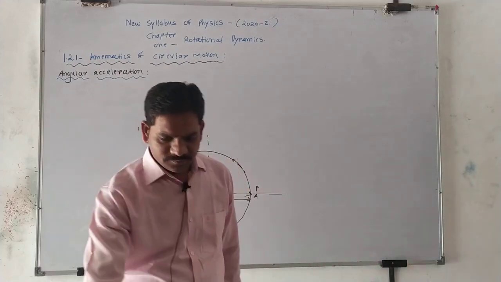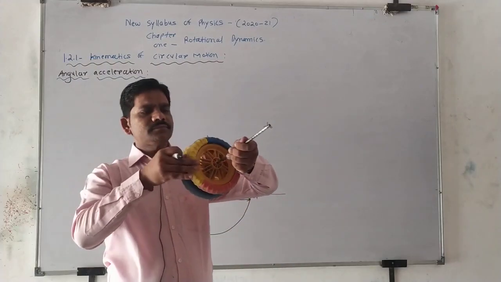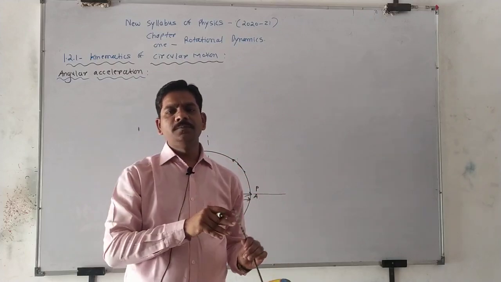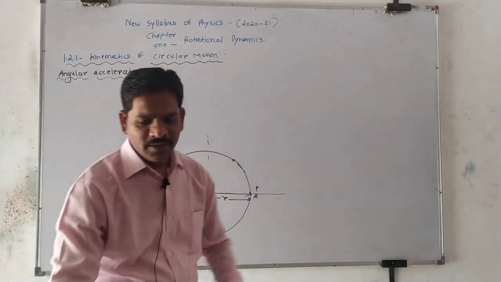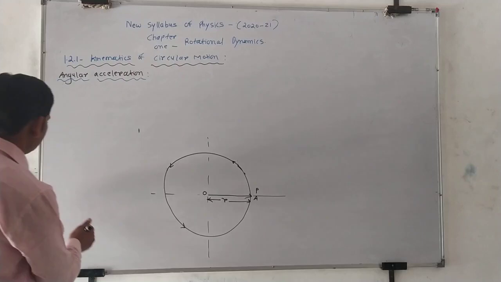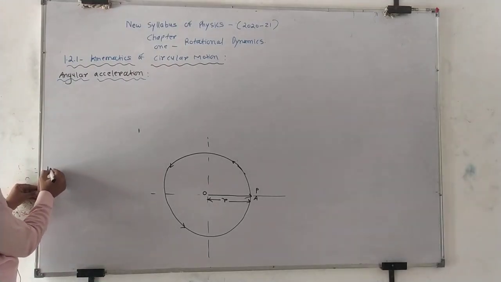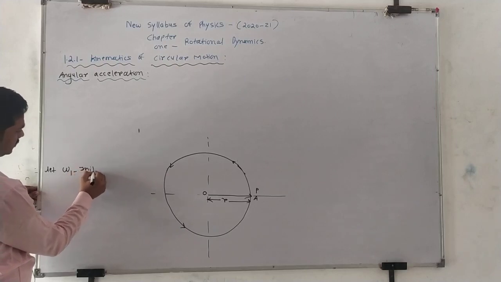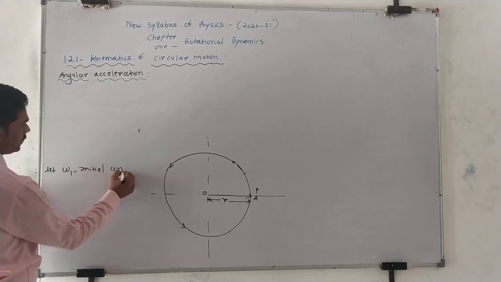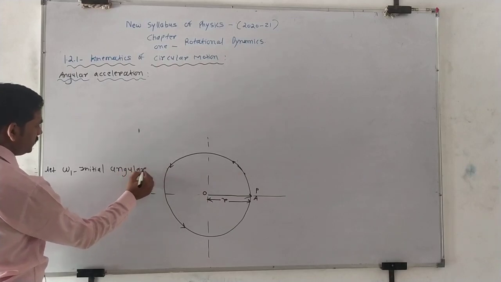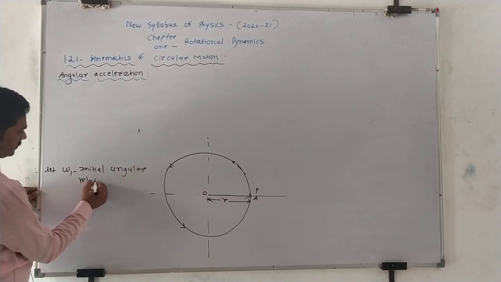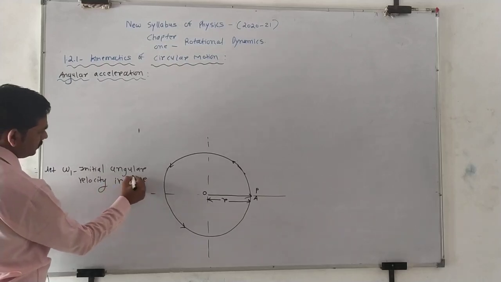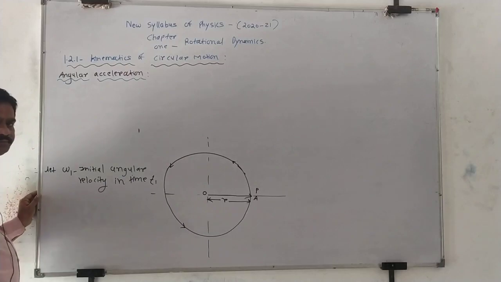From this diagram, initially the angular velocity of this object is omega 1, the initial angular velocity, at time t1.